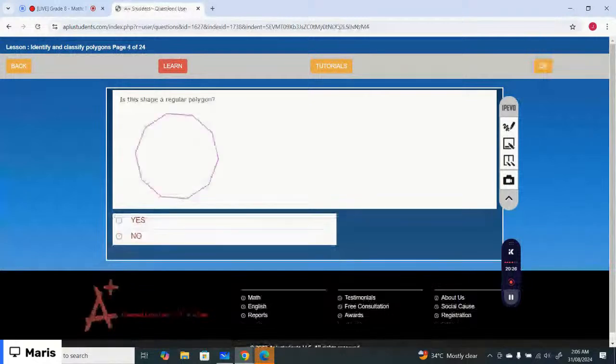Okay, is this shape a regular polygon, which is the correct option? The correct option is yes. Option number one is the correct option.